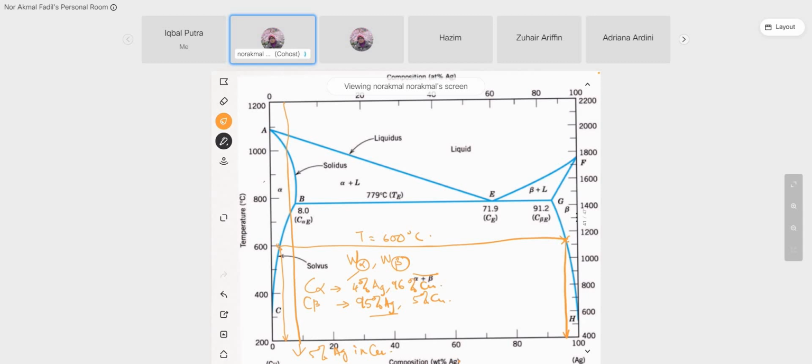So let's say you want a specific amount of alpha phase, how many percent alpha and how many percent beta. You can decide at that particular temperature, and let's say you want the portion exactly at 600 degrees Celsius. What you can do is quench from 600, from this vessel that you obtain, to maintain the portion.